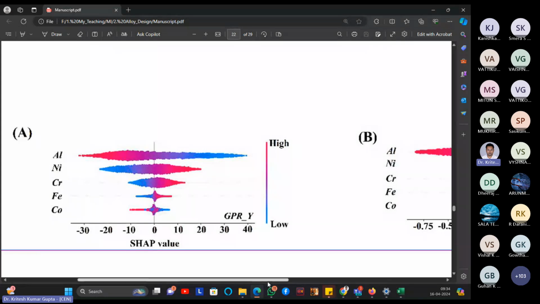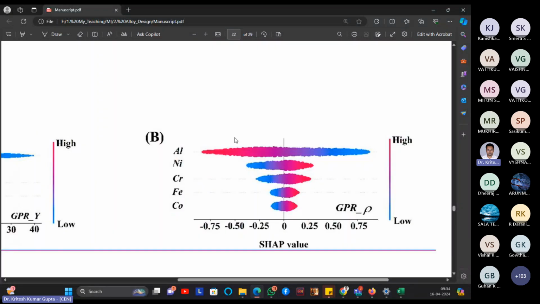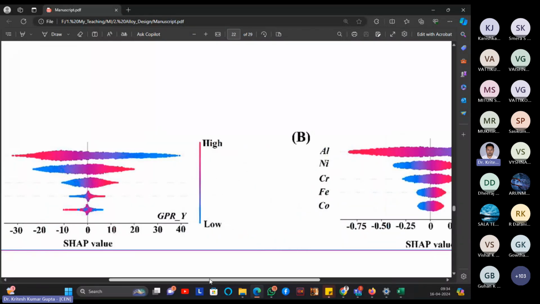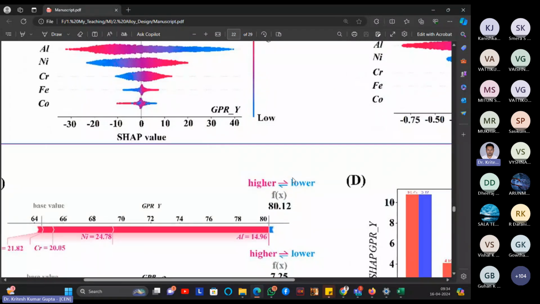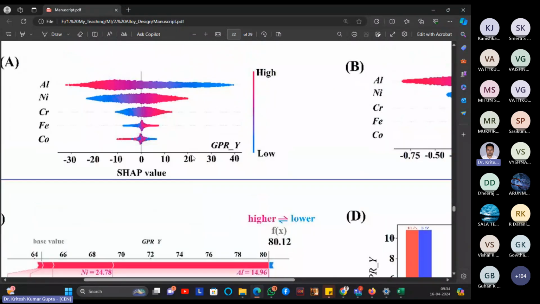Same way, for the SHAP interpretation over here also you will find that higher values of aluminium cause a negative influence on the response, and lower values of aluminium cause a positive influence. So this is how you can interpret the summary plots. Now if we want to pinpoint a prediction, how the prediction is happening, what the features are for one particular prediction.